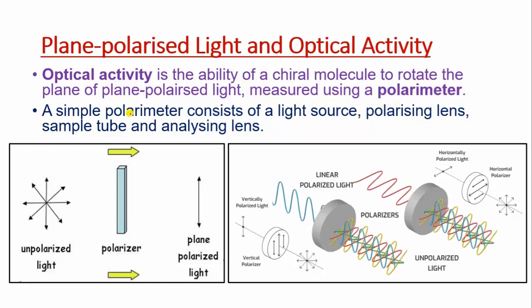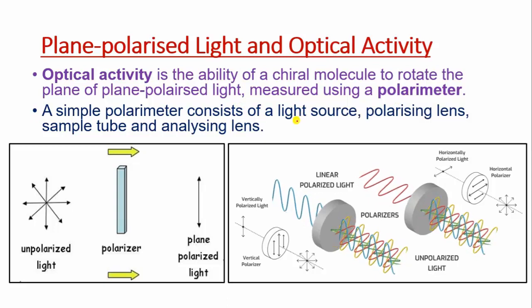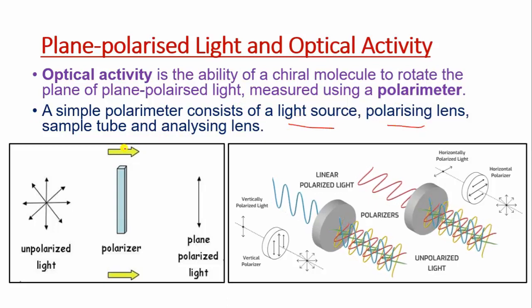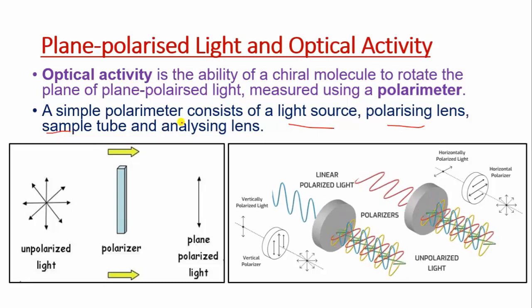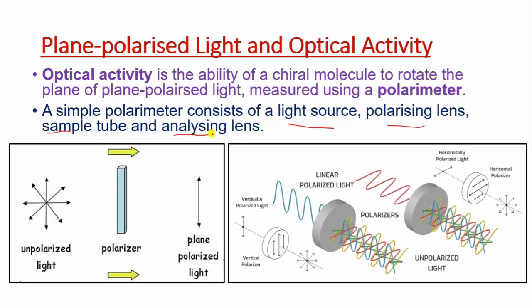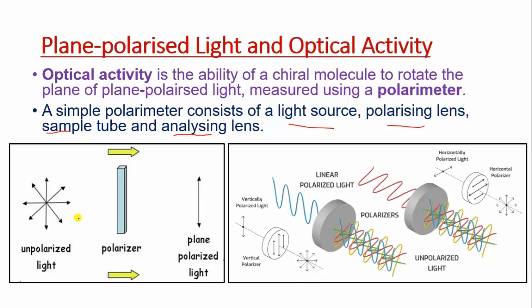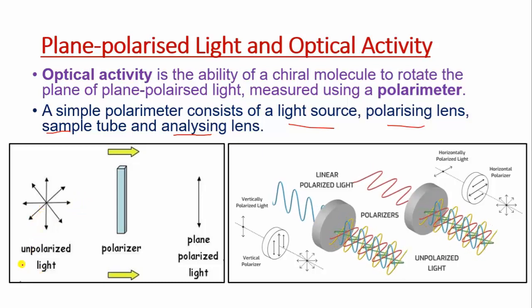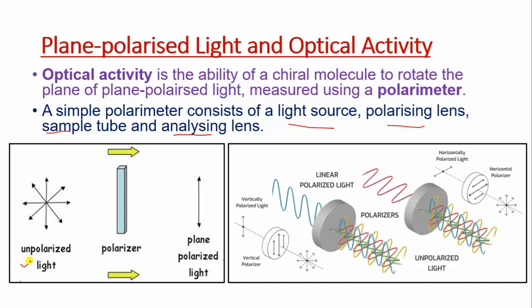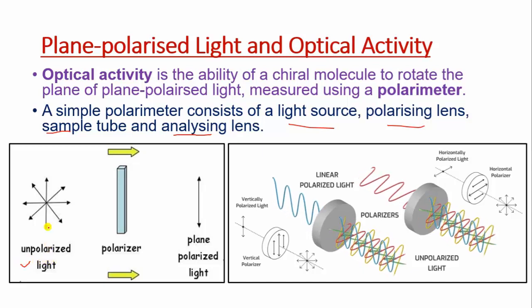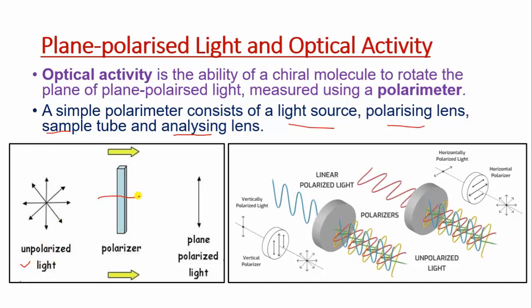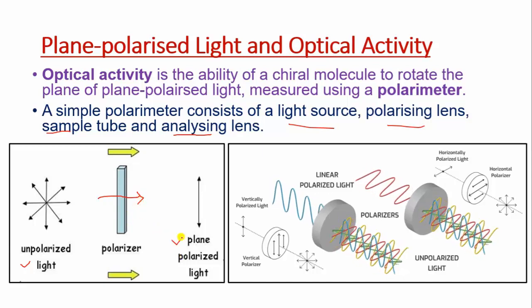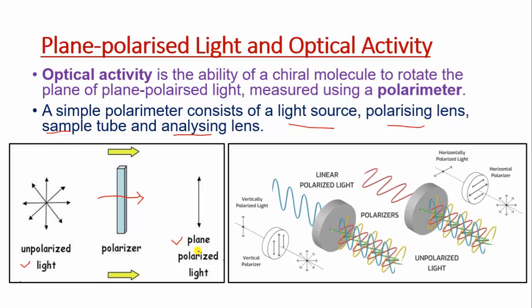A simple polarimeter consists of a light source, polarizing lens, sample tube and analyzing lens. In this diagram you can see ordinary, unpolarized light passes through the polarizer and is converted into plane polarized light.